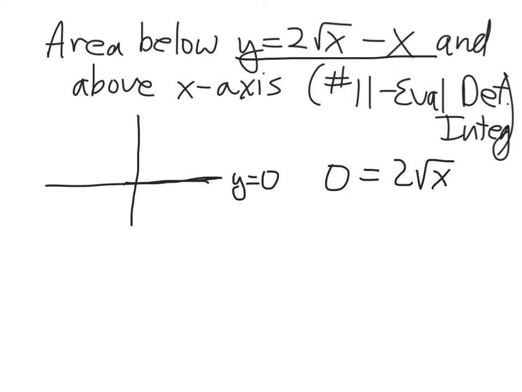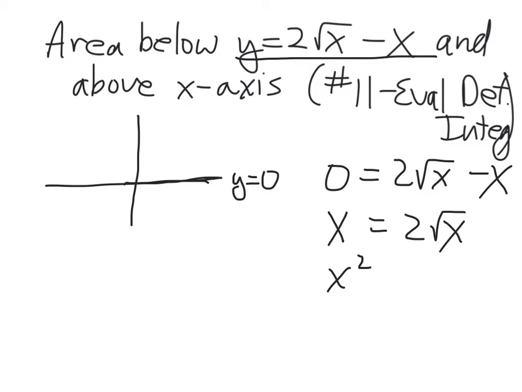Solving this equation, let's see, with the square root in there, several different ways to do that, but add the x. And then usually when we have a square root in our equation, we need to square both sides.